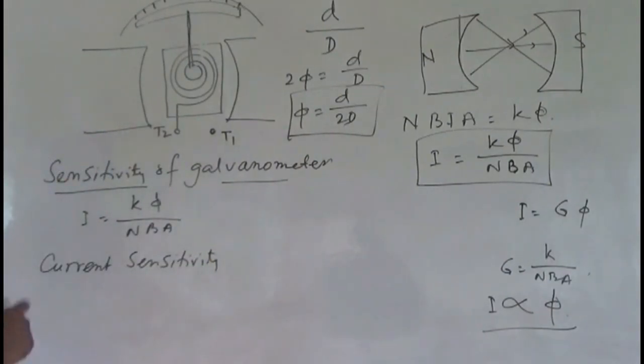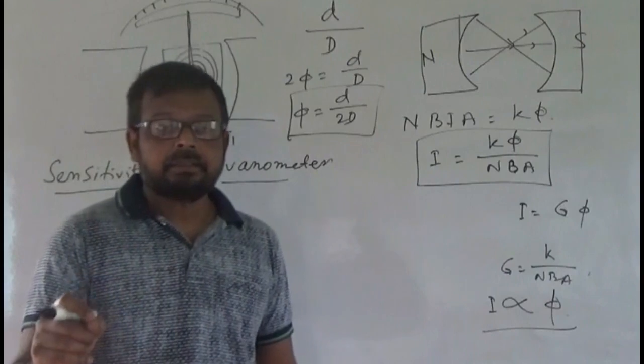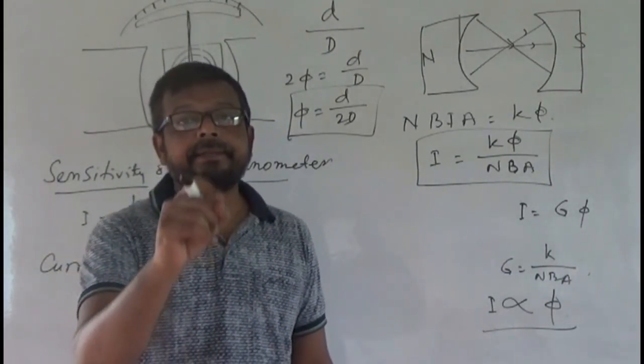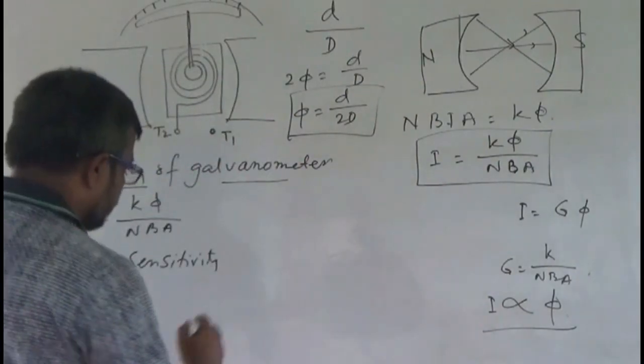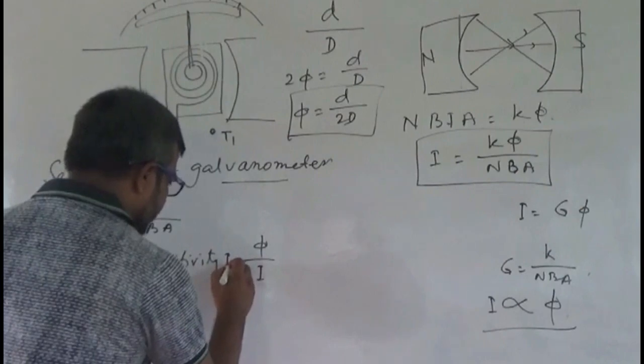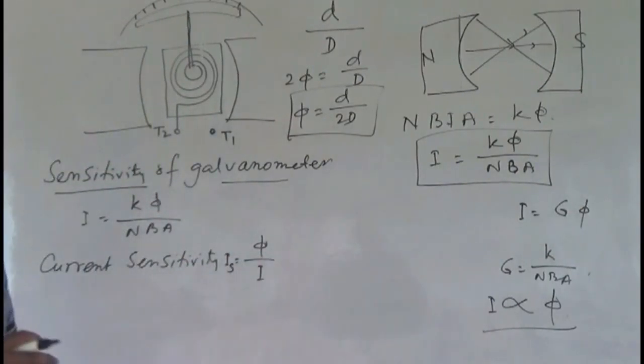Current sensitivity is the deflection produced per unit current, that means phi by I. Let us say this IS, current sensitivity.